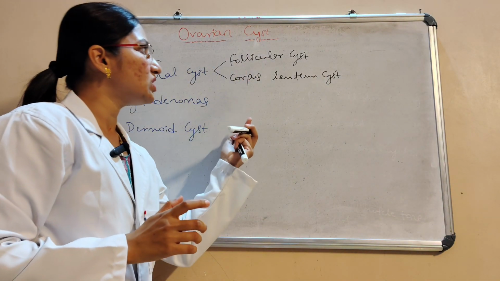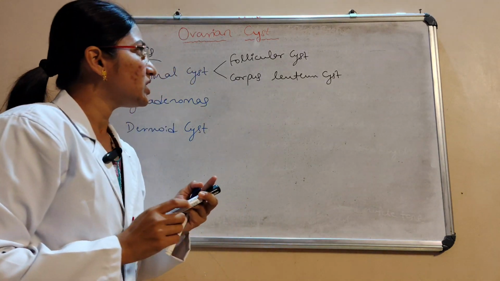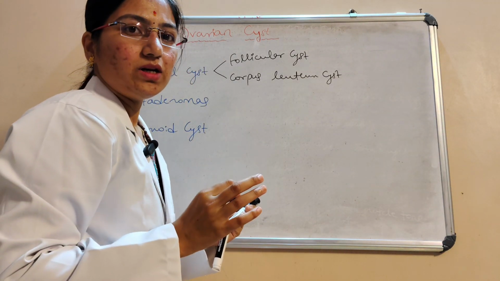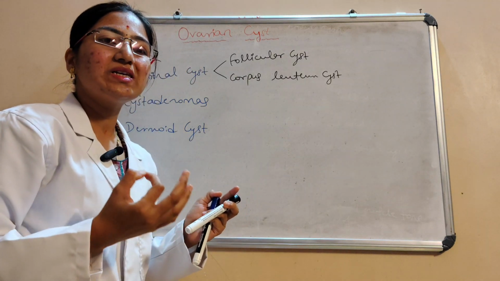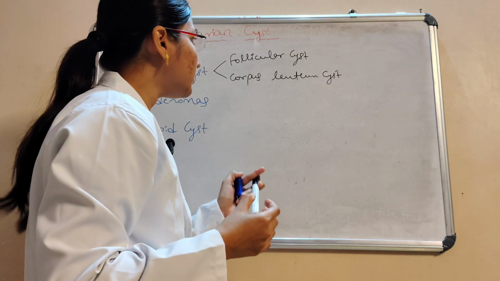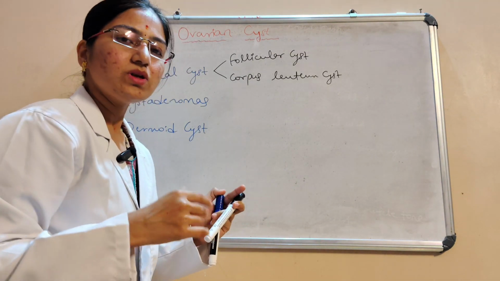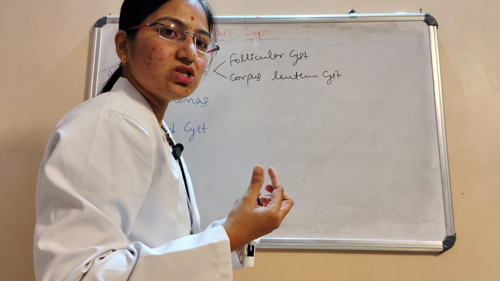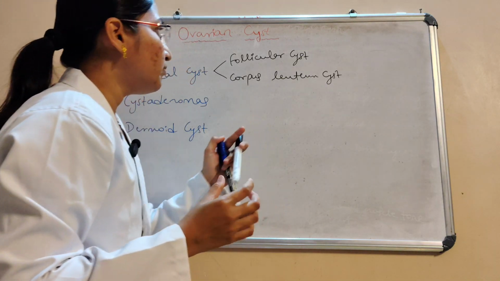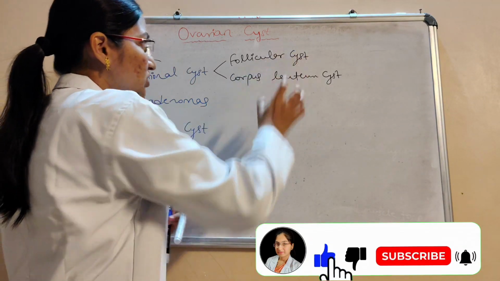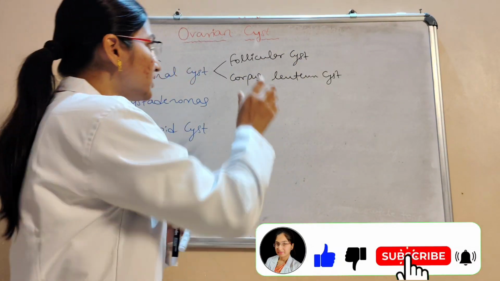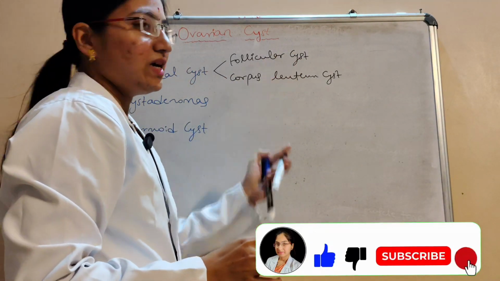In follicular cyst, what happens here? Follicles are going to break open, and after that it is going to release an egg. After that, it doesn't close. After breaking open, it doesn't close. In that, fluid will be collected. This fluid is going to convert into a cyst, that is called follicular cyst.